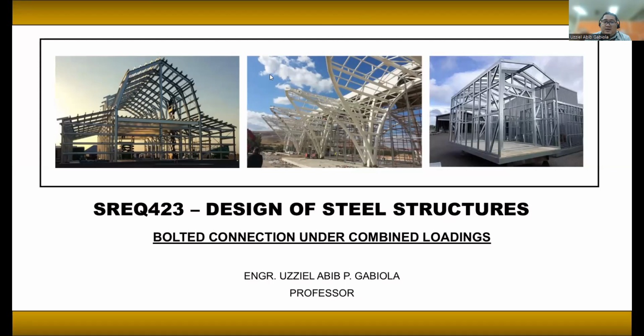And from that, we discussed how to consider the effect of slip critical, or the friction between our plates when we tighten them, what the capacity of our section will be, and how we design the number of bolts that we can provide for our structure.